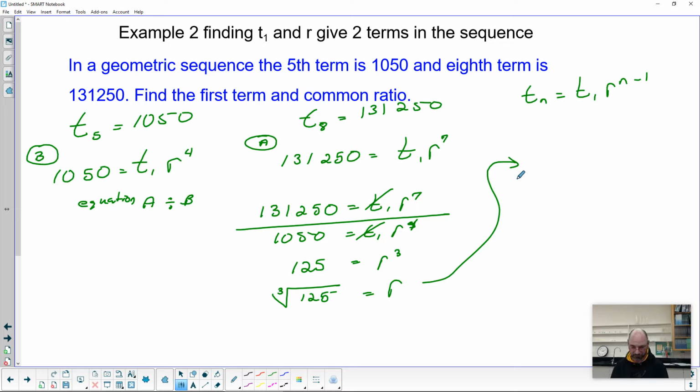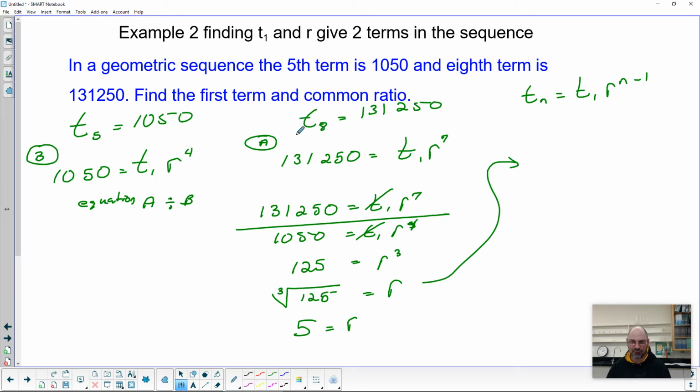Five times 5 times 5. Probably didn't even need a calculator for that. I should have known. Okay, so R is 5. Okay, that doesn't give us T1. It gives us R. So we've got one of them.